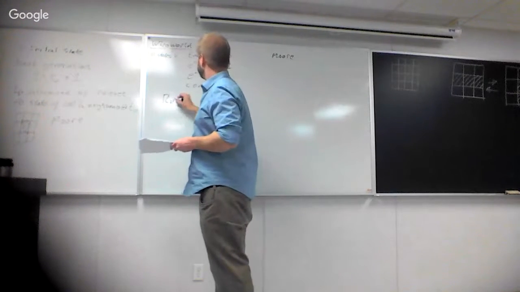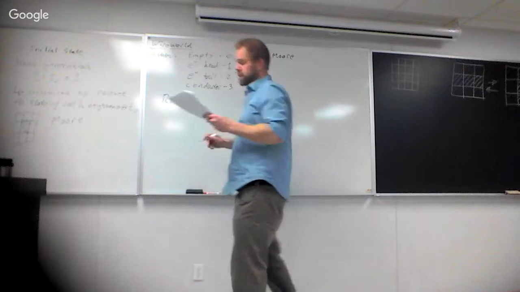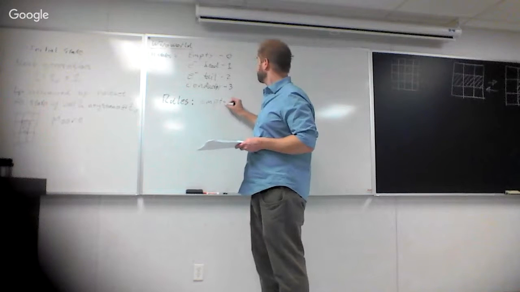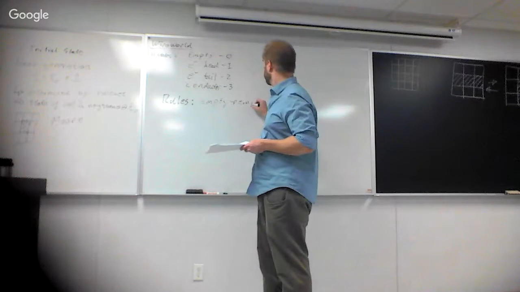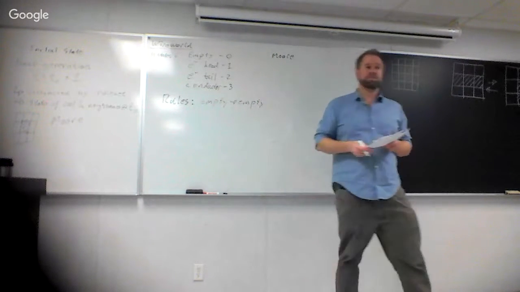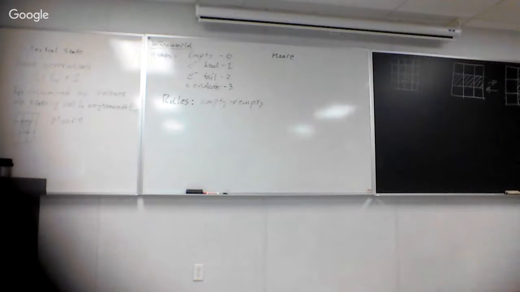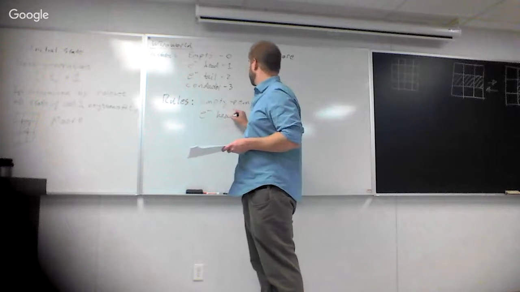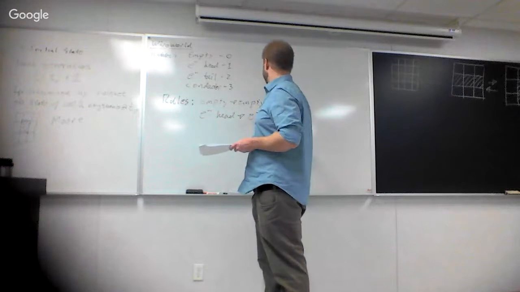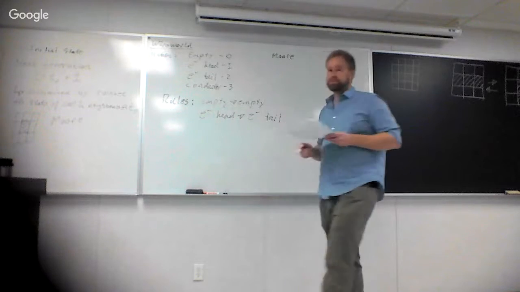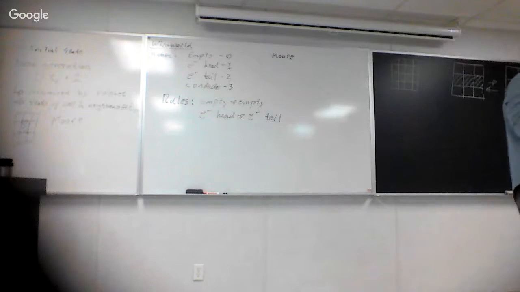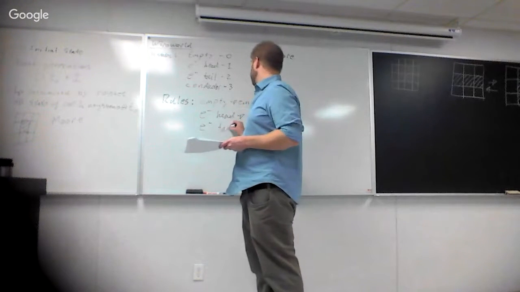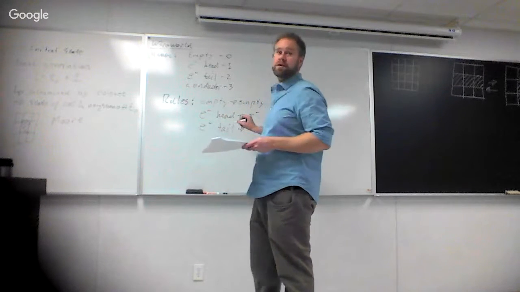And of course, what we need is our rule set. Okay, empty goes to empty. Okay, electron head goes to electron tail. Electron tail goes to, any guesses?